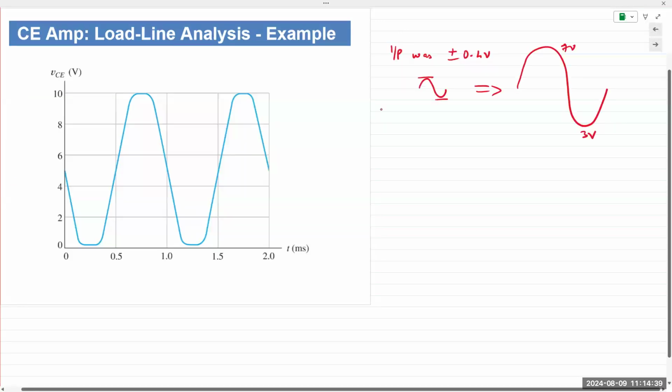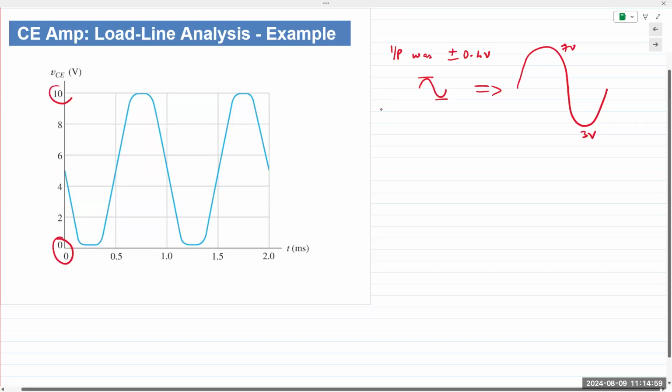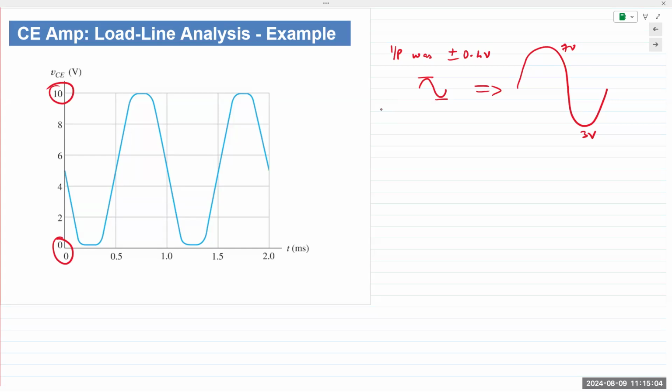Now, what if our input was much larger than 0.4? Then the amplified signal would drive the transistor into the extremes of its limits. And the limits are basically here, 0 and 10 volts. That is the VCC value we applied, right? And this is, of course, a simplistic example of what happens when you apply a large input to an amplifier circuit. Okay.